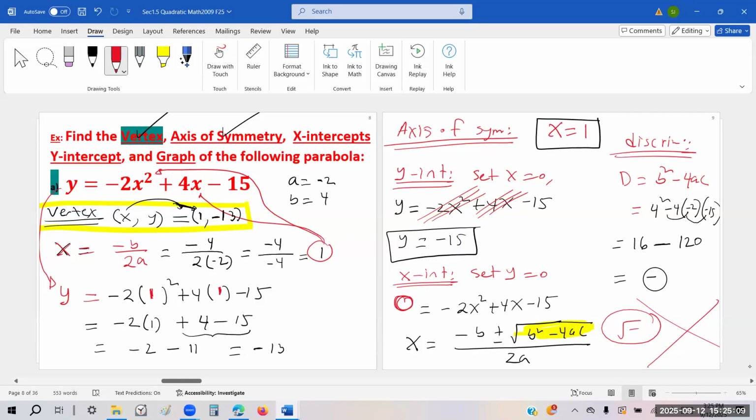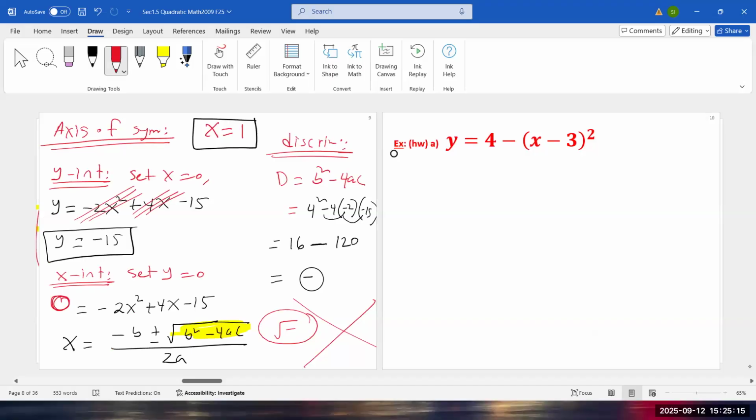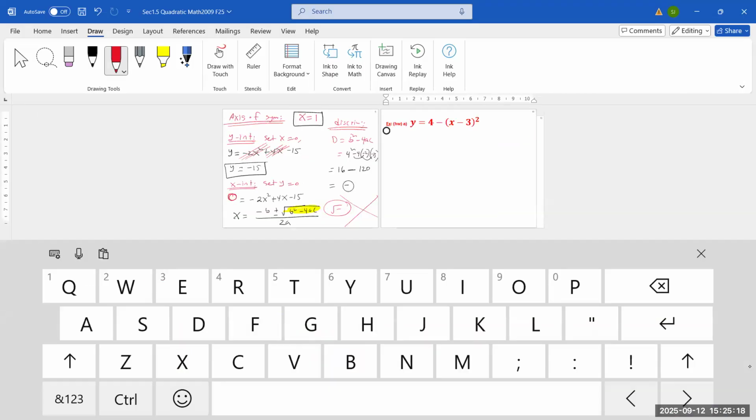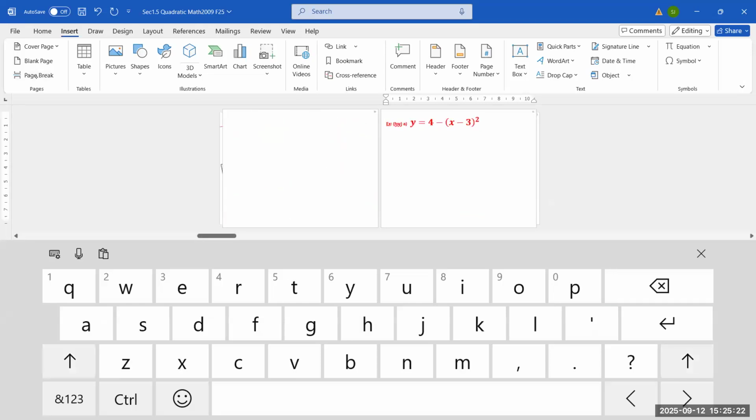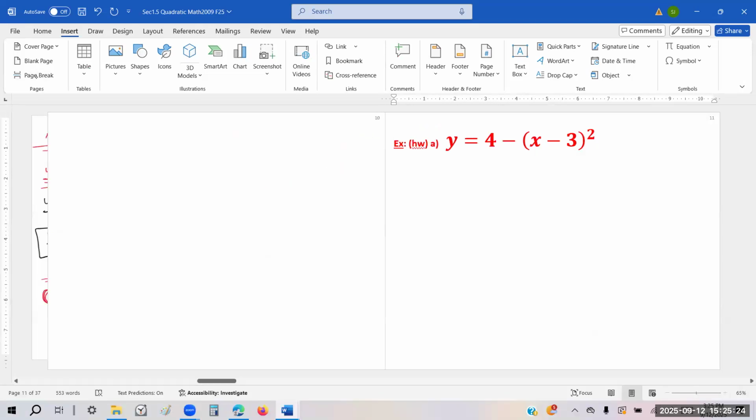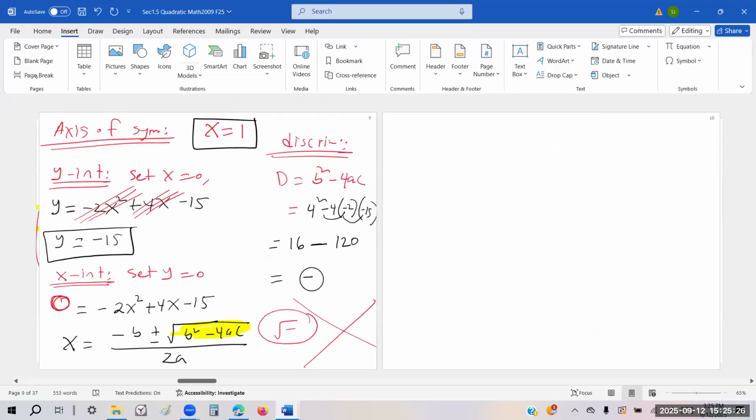It's not real. The x-intercept doesn't exist. So we have a weird function. Not weird, it just sounds weird. We have a parabola that doesn't have any x-intercept. So let's see what type of parabola we have.